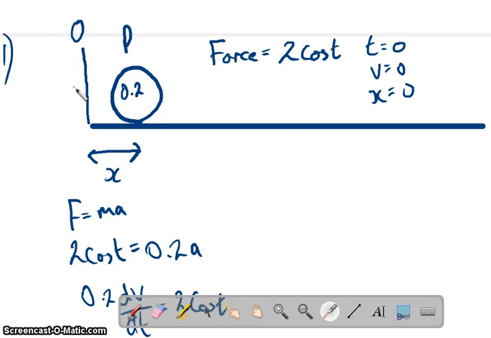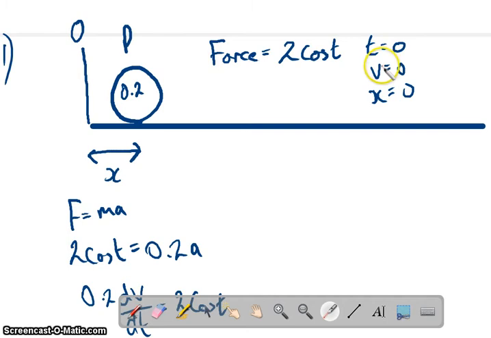We're going to look at a particle, P, of mass 0.2 kilograms, moving on the x-axis, and if we take the distance from the origin to P as being the distance x, the force acting on it is equal to 2 cos t, and initially the particle is at rest.